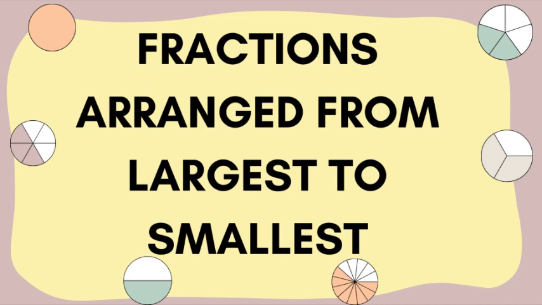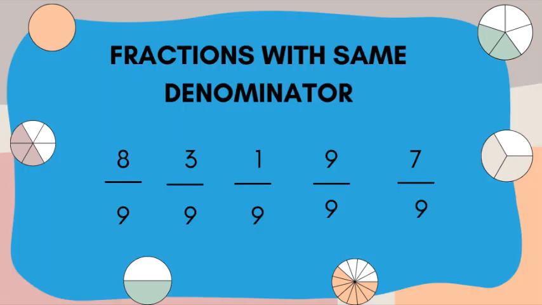The first example we will take a look at is fractions with the same denominator. As I mentioned before, it is easier to arrange fractions with the same denominator because we identify if it is ascending or descending order, and we arrange the numerators, which are at the top.